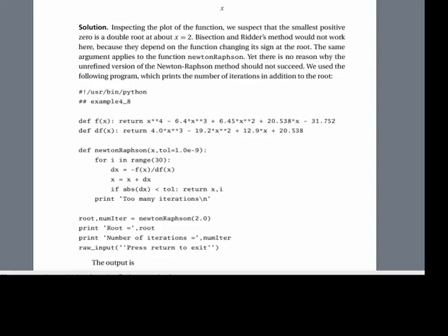So this is how you would set up your Python script to use the Newton-Raphson function. You would have to define the function itself, and you could do it as a one-liner by defining a function that returns this logic involving powers of x. And then you would take the derivative, as you would do in a regular calculus class, and recode that as a new function and call it df.